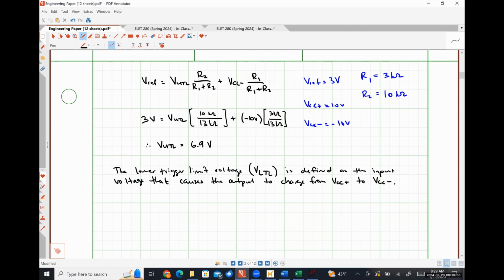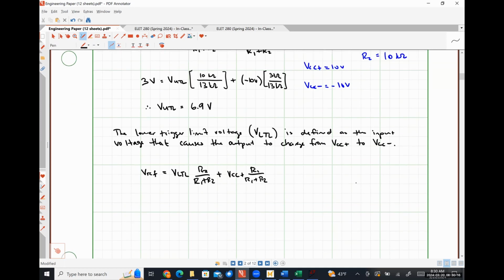So our equation is going to be almost identical. V reference will be now V lower trigger limit times R2 over R1 plus R2. And this time it'll be plus VCC plus times R1 over R1 plus R2.